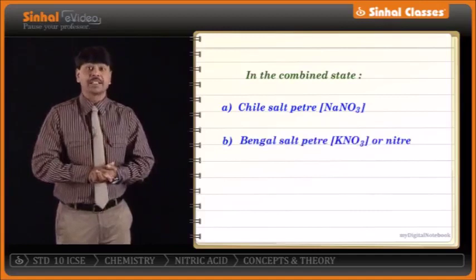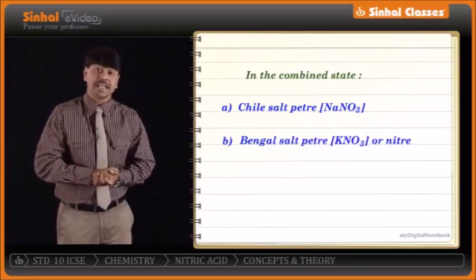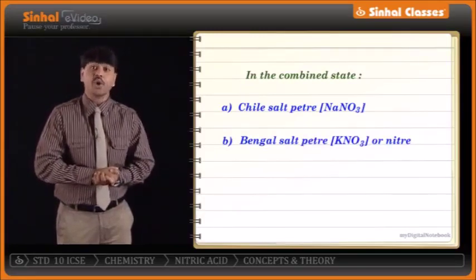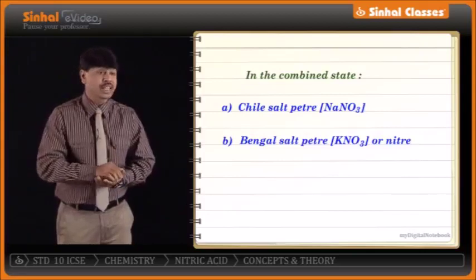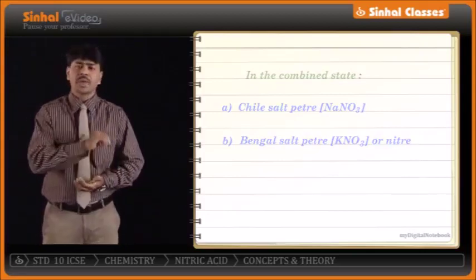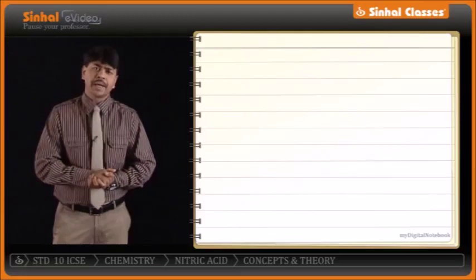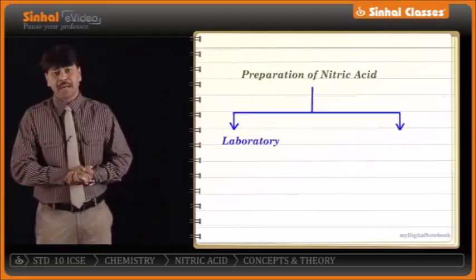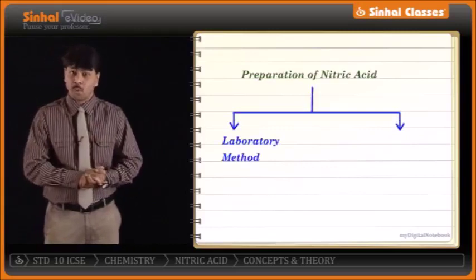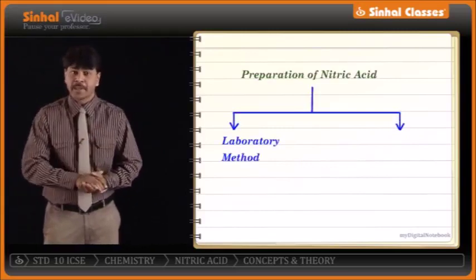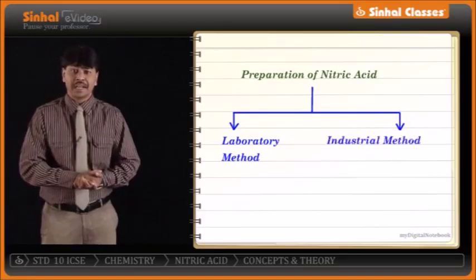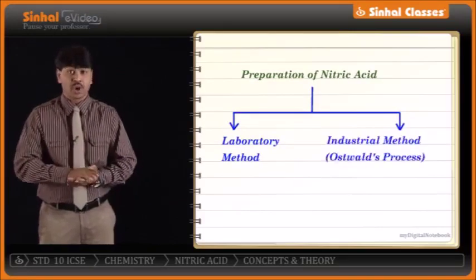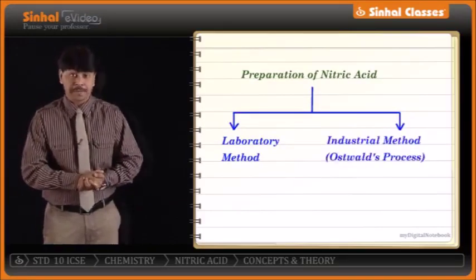Bengal saltpetre is nothing else but potassium nitrate, KNO3, which is also known as niter. Now we are going to see how to prepare nitric acid. Nitric acid can be prepared in two ways. One, the lab method, and on a larger scale in industries by the process called Ostwald process.